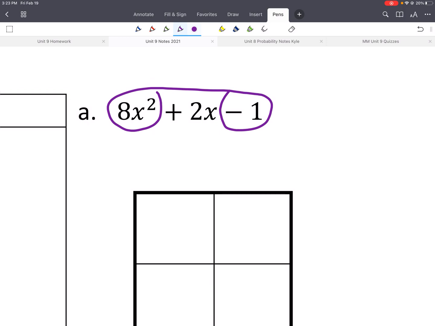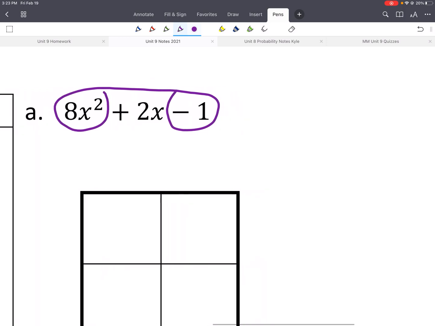If we multiply those together, that gives us negative 8x squared, right? And then we need to find 2 things that multiply to give us that negative 8, and add to give us the middle term.